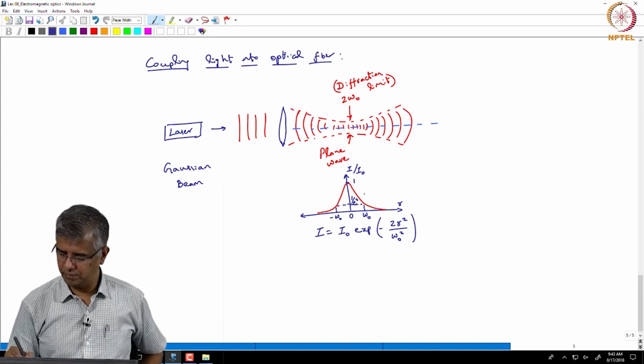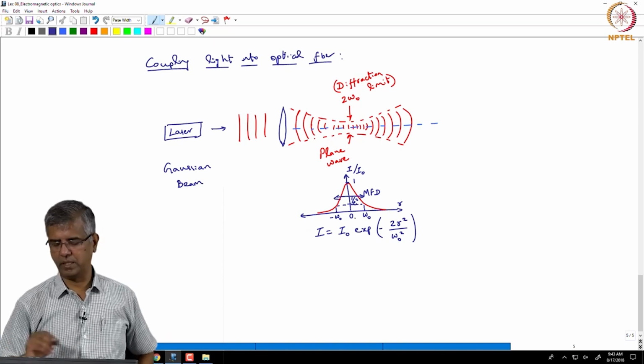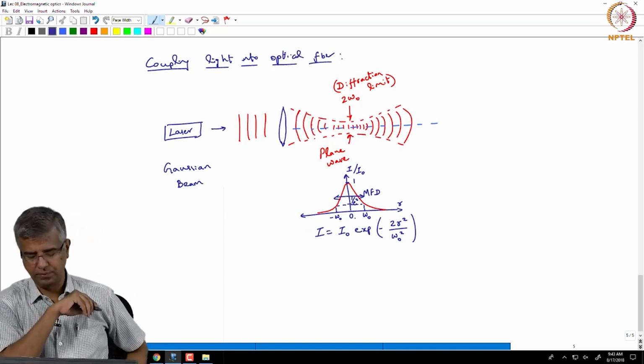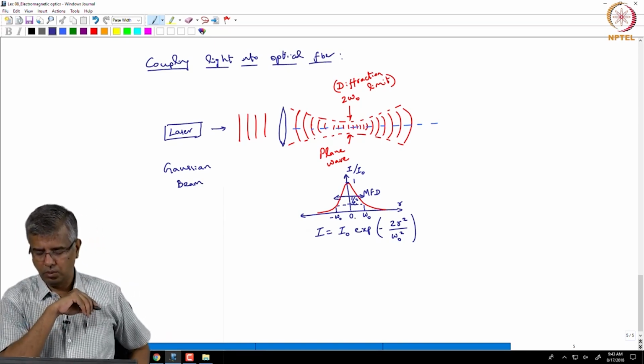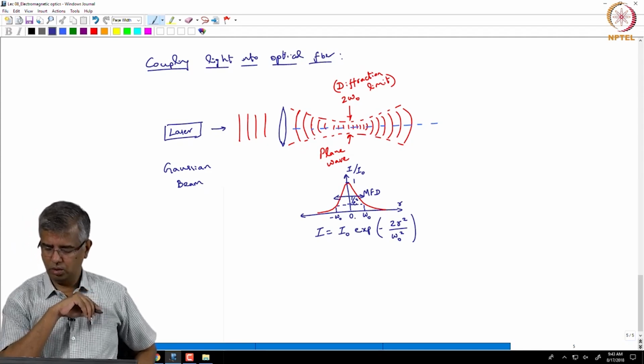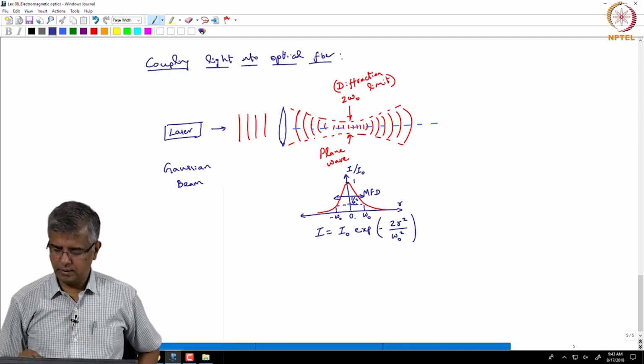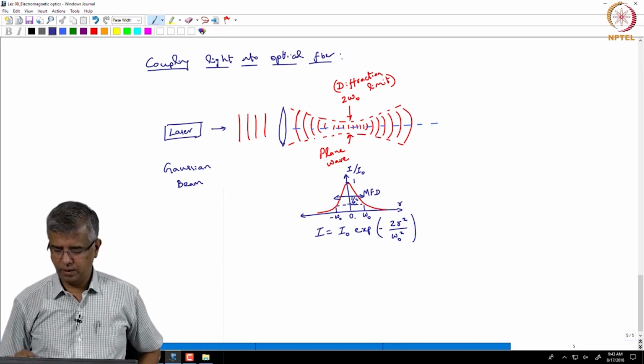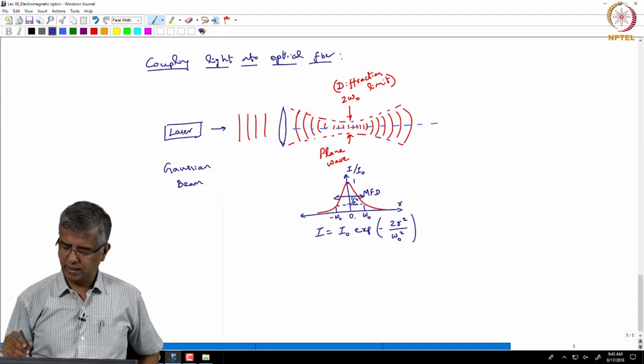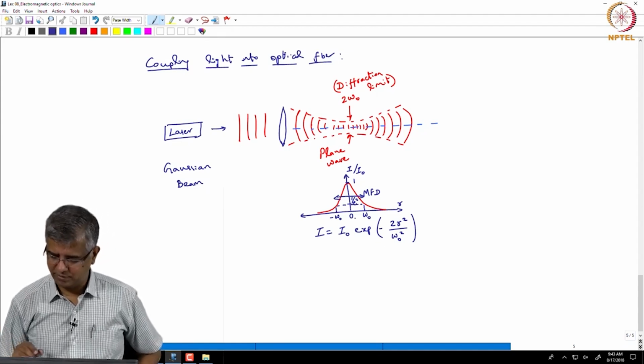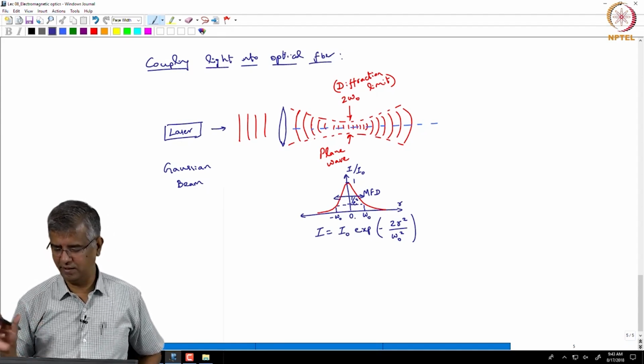So this diameter here would correspond to the mode field diameter. Okay. I said mode field diameter, but okay, let's just take it as the Gaussian diameter.